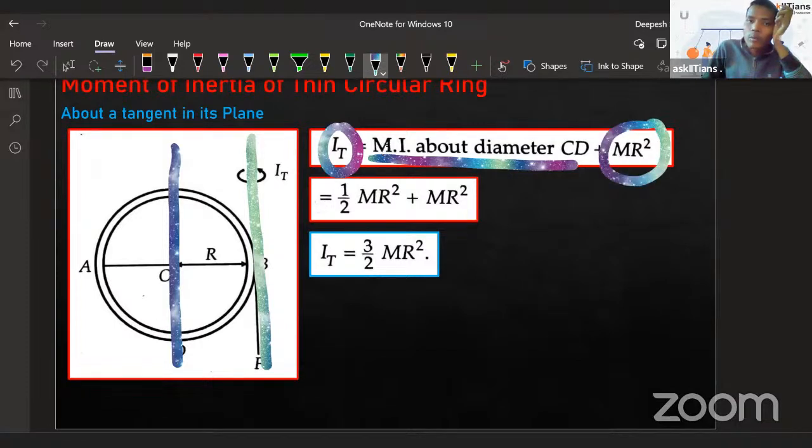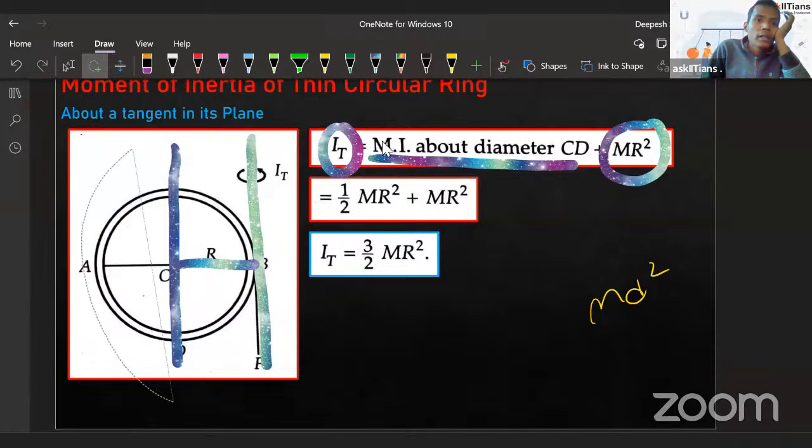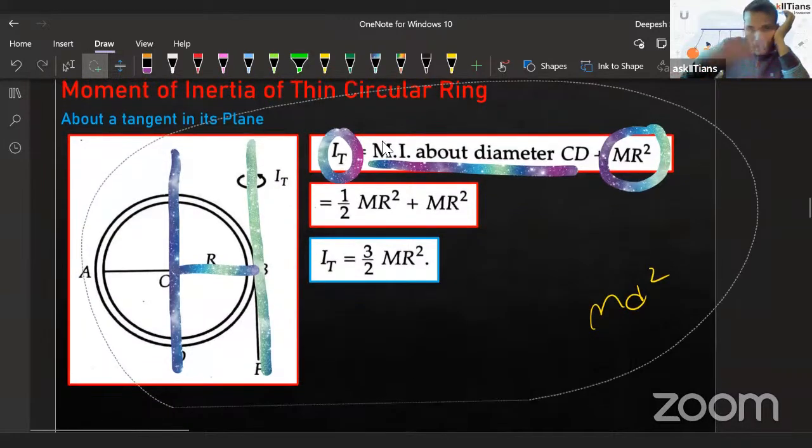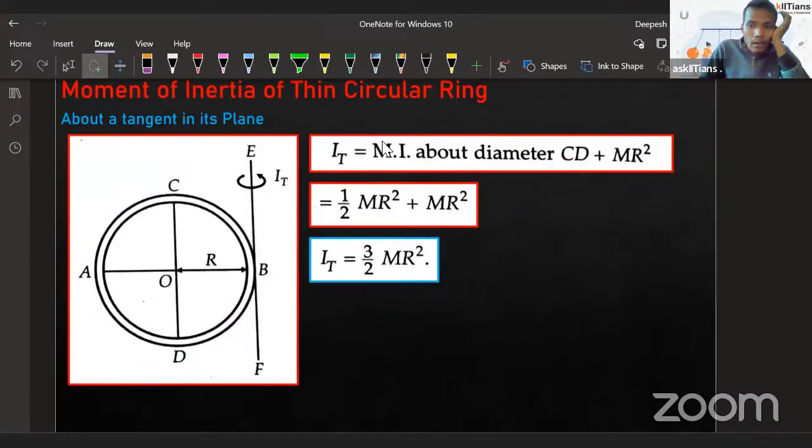Why mr square? The formula included md square, where d was the separation between the two axes. In exactly the same way, r is the separation between the two axes. That's it. So this is how you can calculate the moment of inertia along any other axis using the parallel axis theorem.